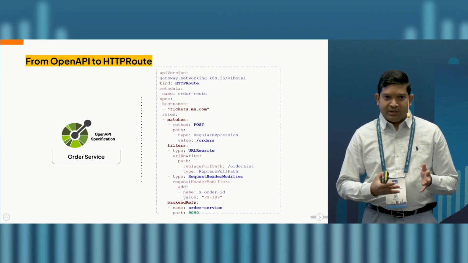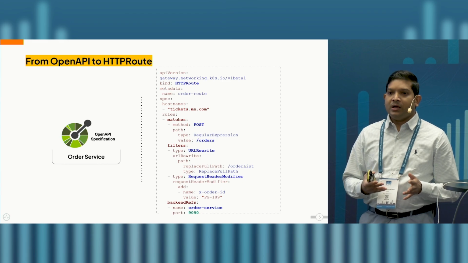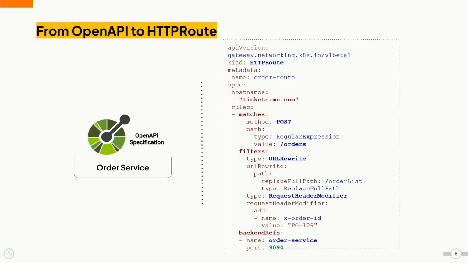So for example, let's say you want to build an online store and need to expose an order service to the outside world. The Kubernetes Gateway API makes this possible by defining how your service interacts with the outside world. This is done mainly using the HTTP route resource. If you look at this, the specification basically defines 4 key sections.